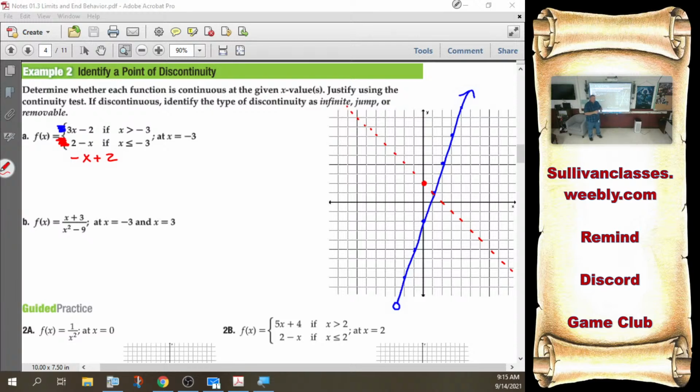So that's where the line would be, right? But when do I care about this line? Only from -3 and to the left. So I come to x equals -3. I'm going to start here and follow this line. All the rest of this has to go away.